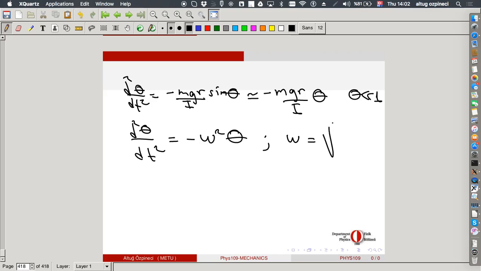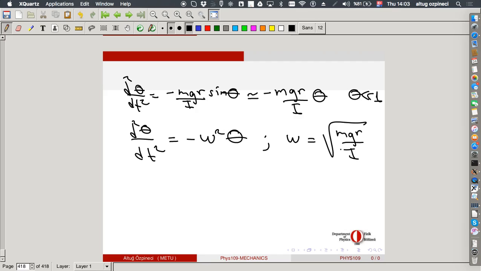And omega is equal to square root of mgr over I. So now we have seen that although this pendulum is not a harmonic oscillator, if we are sure that theta is small, in that case it is almost a harmonic oscillator. The motion the pendulum will do will be harmonic, and this will be the period.